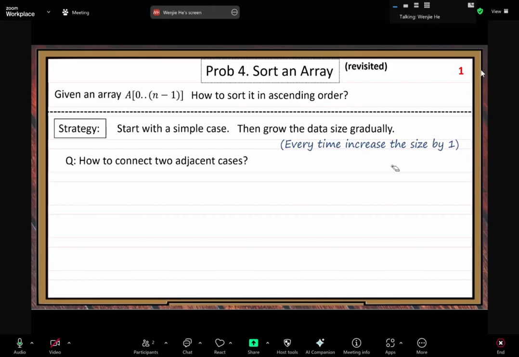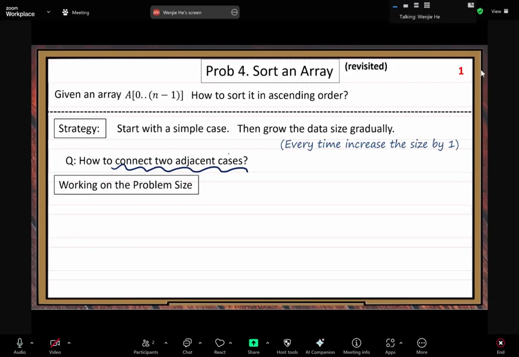We need to find a way to connect two adjacent cases. And there is a gap between two adjacent cases, so we need to find a way to handle that gap part.